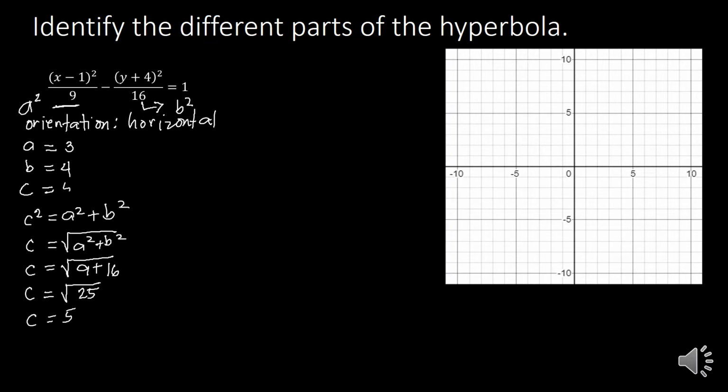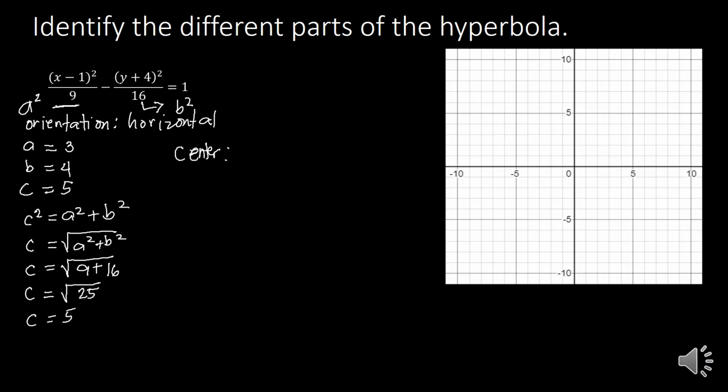Since we now have a, b, and c, we are ready to identify the parts of our hyperbola. Let's start with the center. We identify the center based on the equation that we've got.